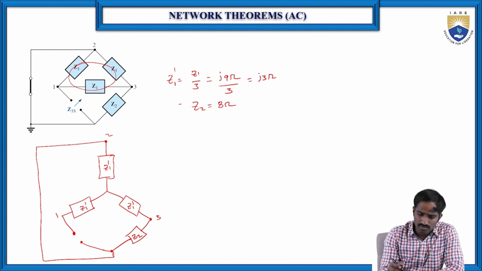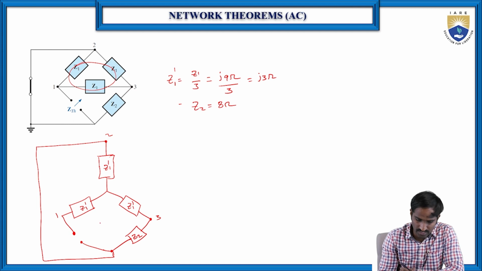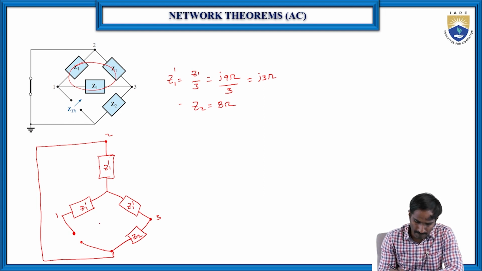Right. So now if you redraw this circuit, as you can see here, this Z1 is connected to the open circuit. It is in between terminals 1 and 2, and between these two terminals we need to find.